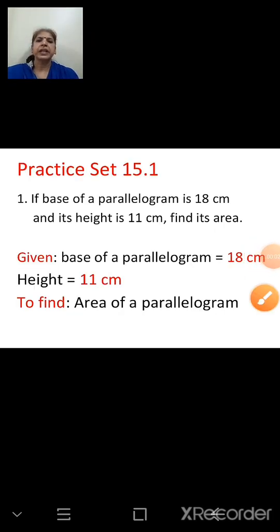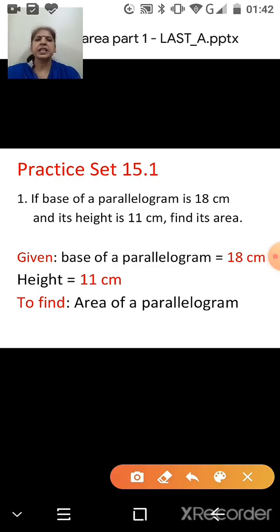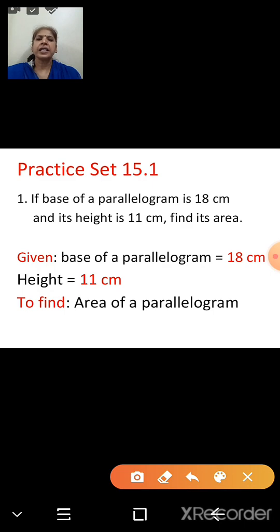Let's start with practice set 15.1. If base of a parallelogram is 18 cm and its height is 11 cm, find its area. Base is 18 cm, height is 11 cm, and we have to find the area. So first we will write given. What is given?